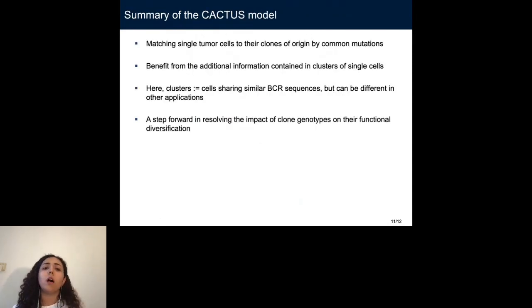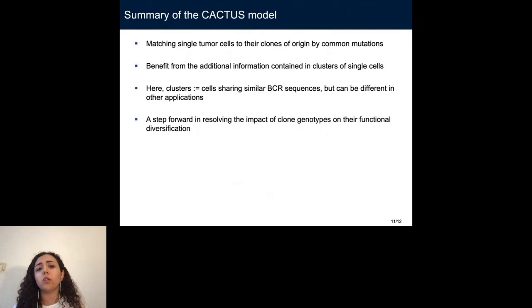In summary, I can say that CACTUS is matching single tumor cells to their clones of origin by common mutations, and it benefits from the additional information contained in clusters of single cells. And here we can use any other clustering.